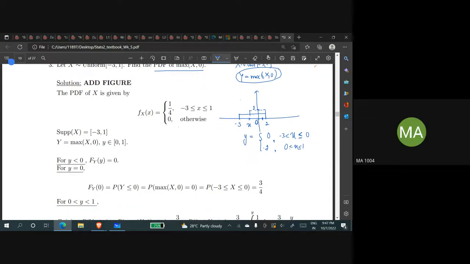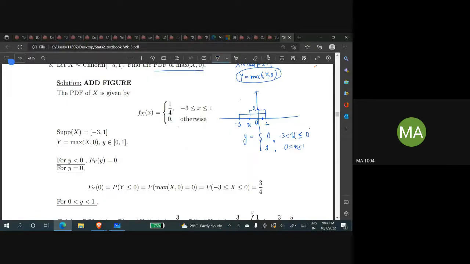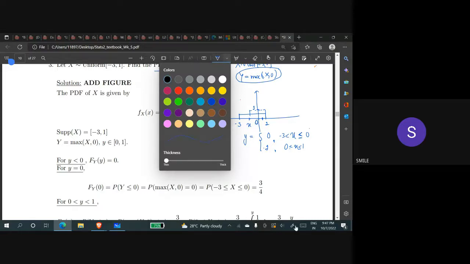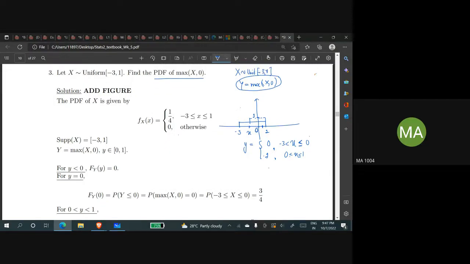Let me draw this figure again. Ma'am, for x from 0 to 1, y is equal to x, no?